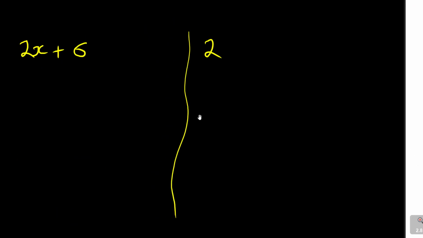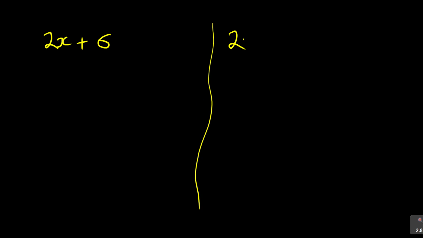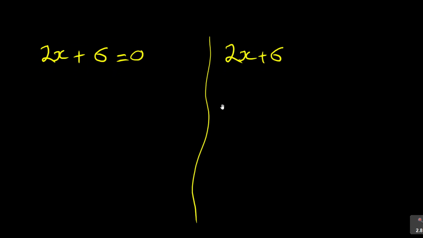Let me put an introduction, by the way. If I say to you, you have got 2x plus 6, and then I say to you, you have got here 2x plus 6 equal to 0. What do you think is the difference between the two?